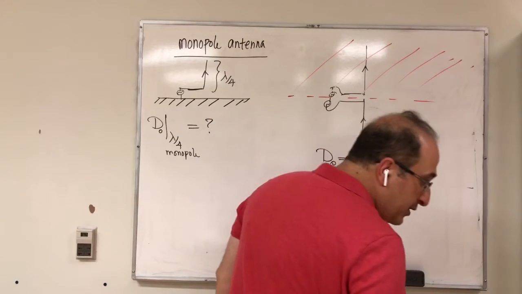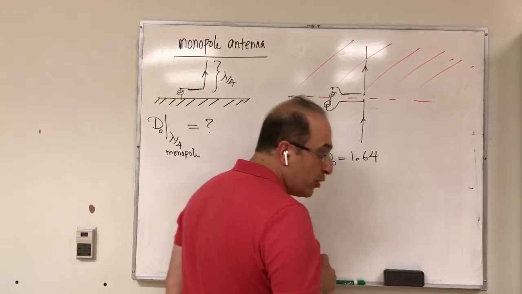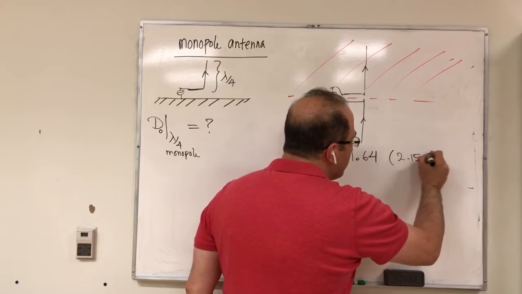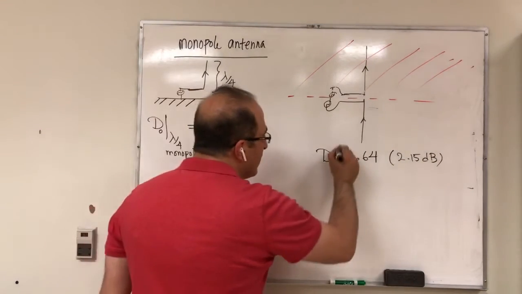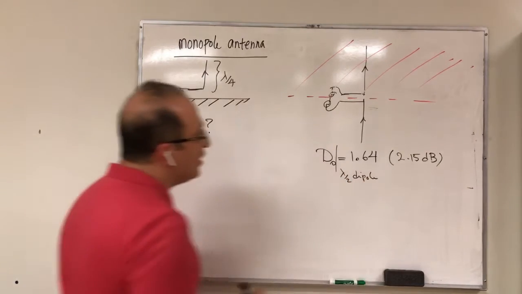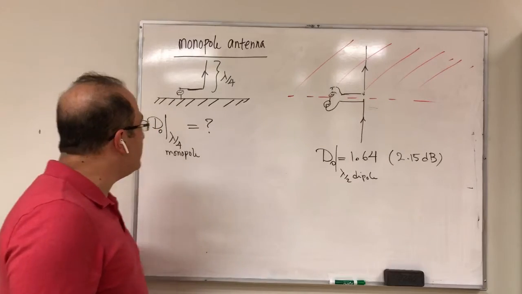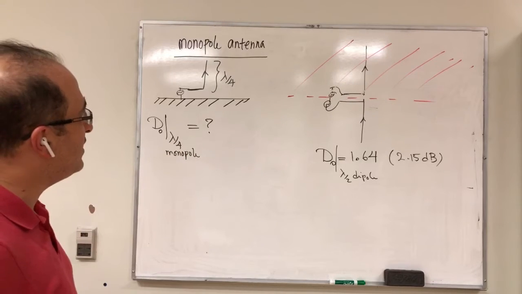It is 1.64, or in terms of dB, 2.15 dB. 1.64 dimensionless, 2.15 dB.